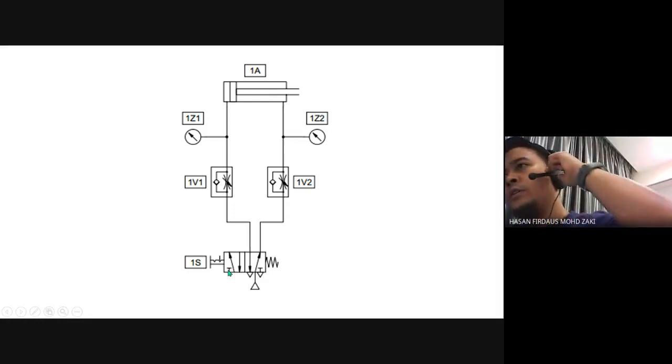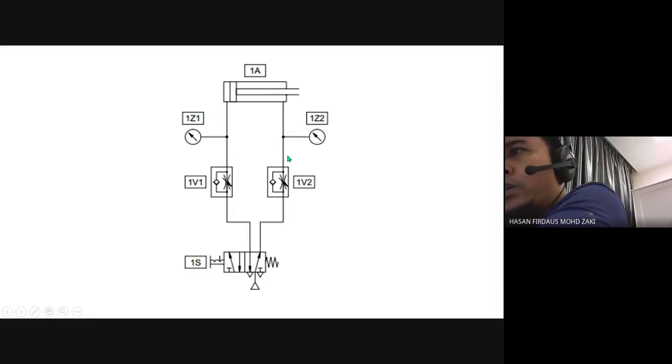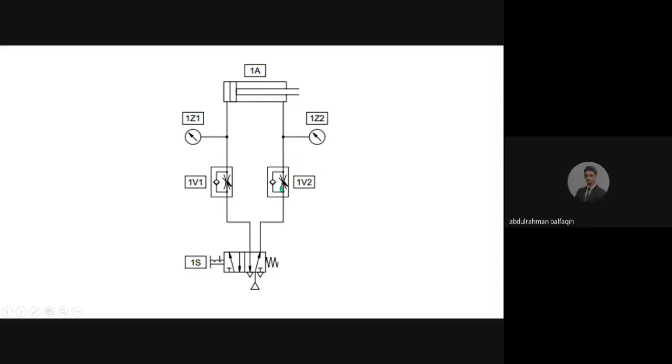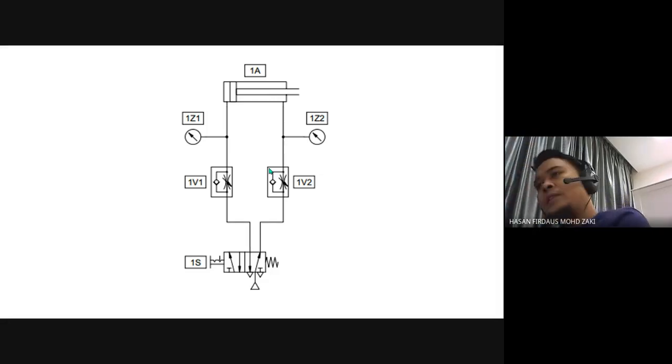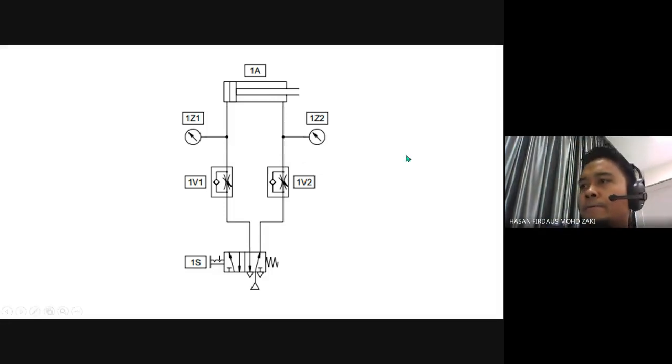I think we haven't seen this before, have we? This one, V1 and V2. No, sir. Okay. If you go through the slides, it is in the first slide of the pneumatics. This one is called the one-way flow valve.